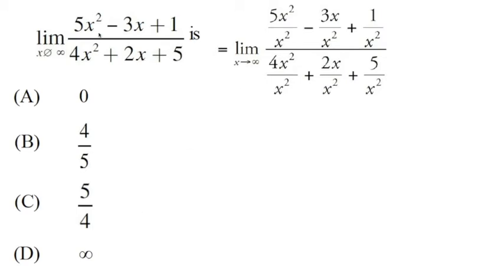So now some of you might know automatically that if we're taking the limit as x approaches infinity of this rational expression, where we have polynomials on the top and bottom, both expressed in the form of binomials, where the highest power of x is 2 and that is shared on the top and bottom, then the limit is just the ratio of leading coefficients, because both the numerator and the denominator have the same power of the variable.